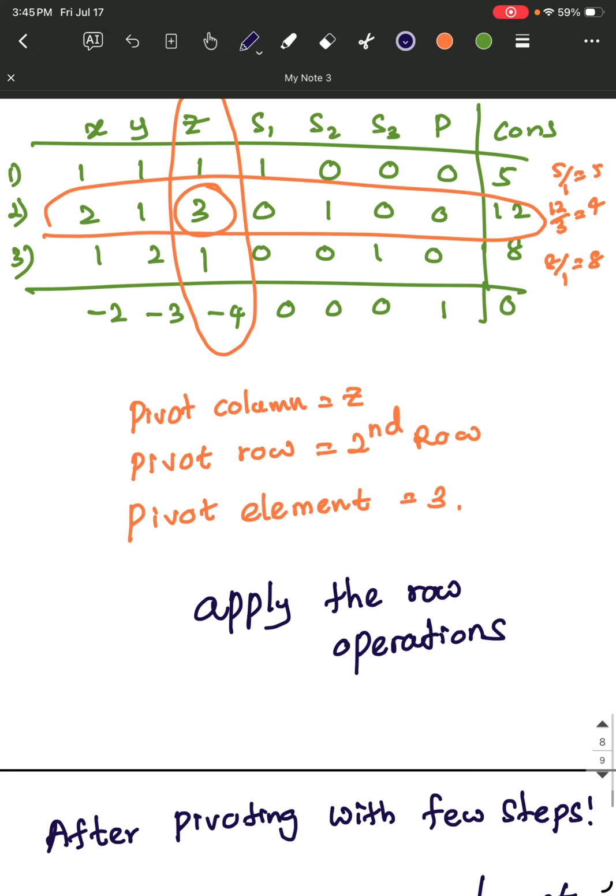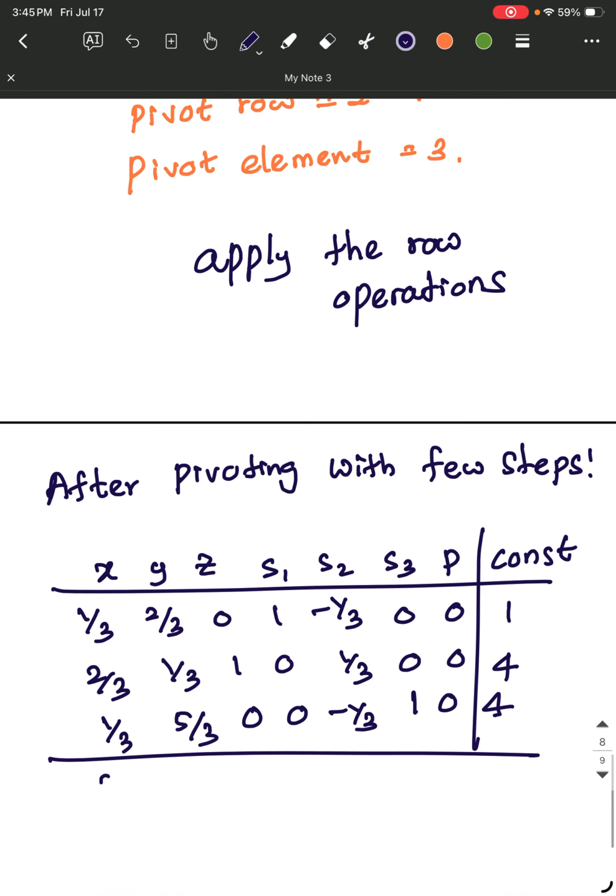On the bottom line we will have negative 2/3, negative 5 over 3, 0, 0, 4 over 3, 0, 1 and 16.